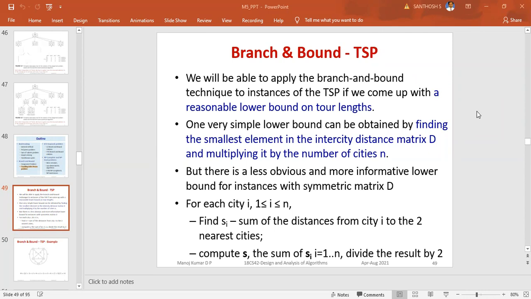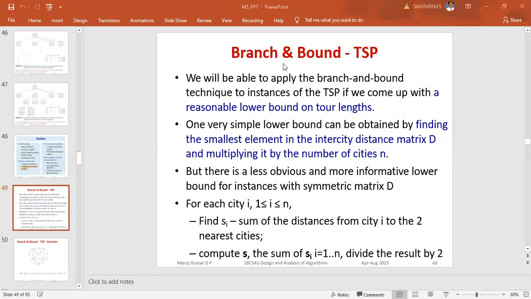First, the source vertex as well as the destination vertex should be the same. Both should be the same, and you have to visit all the nearby vertices such that you branch from one city to another city and bound within nearby cities.